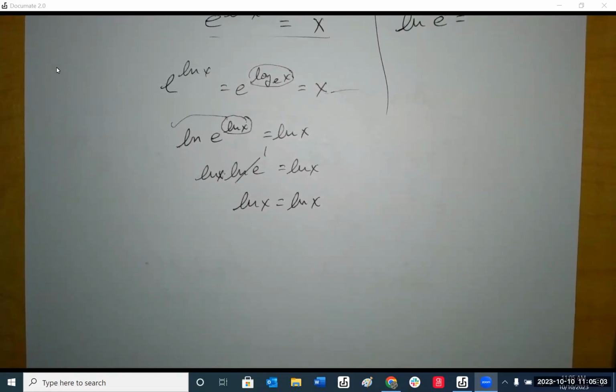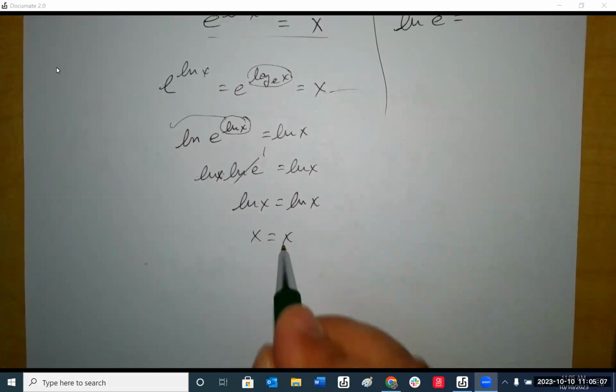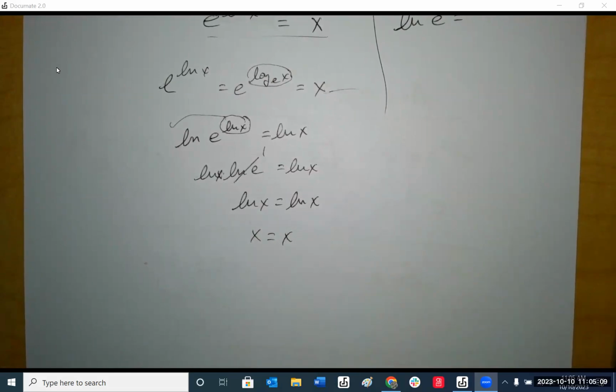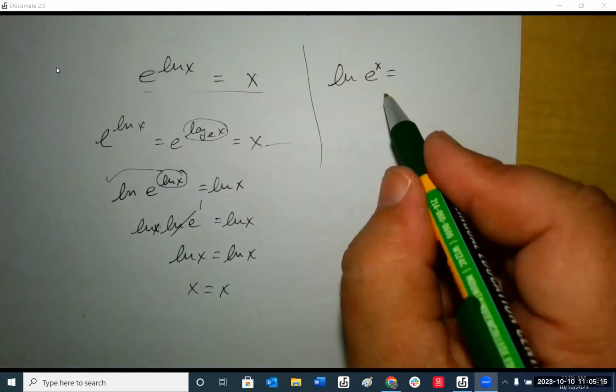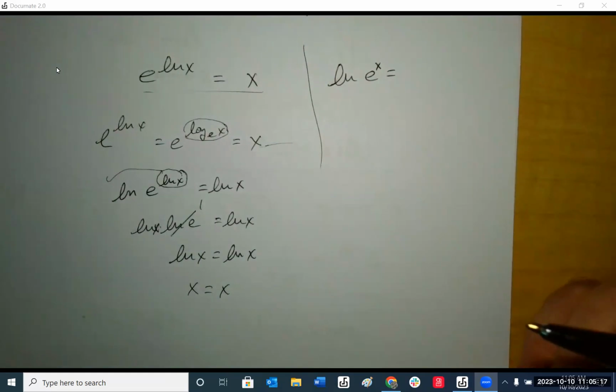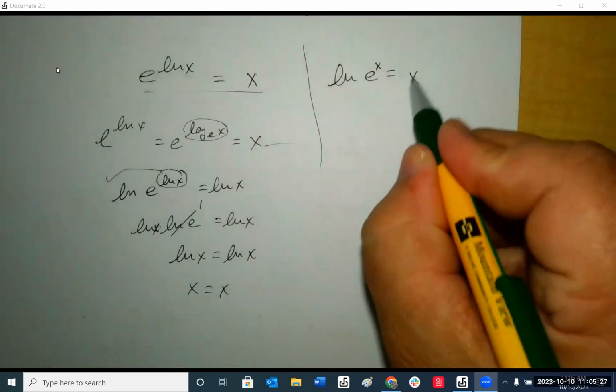So for any value x, it's going to be true. The only way this is true is if x equals x. How about this other side? What is that going to equal? Also x.